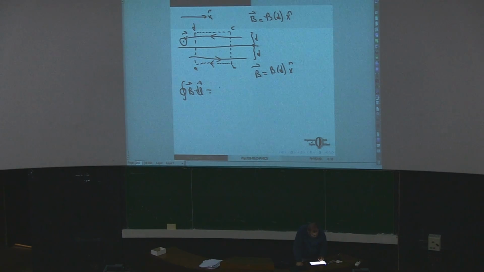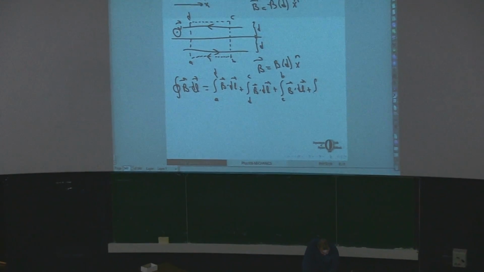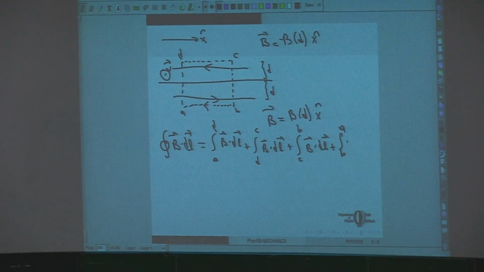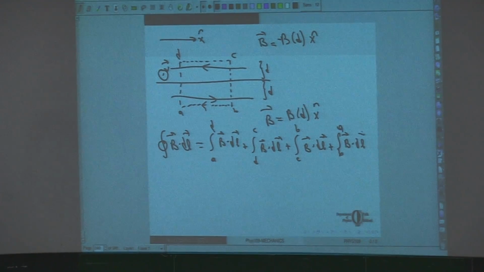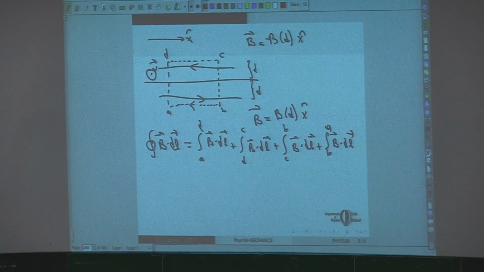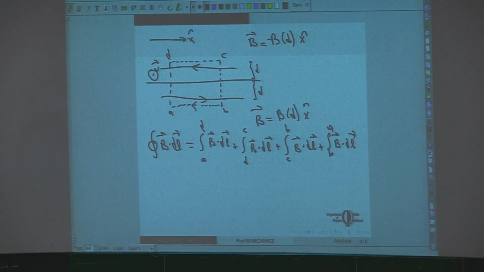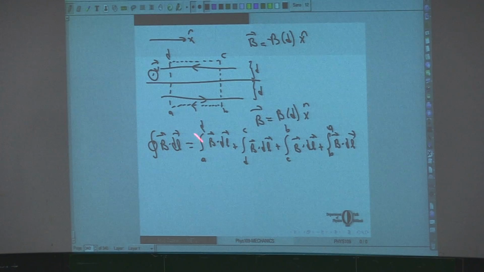This will be the contribution from A to D, plus the contribution from D to C, from C to B, and then from B to A. I just divided my loop into smaller pieces, and my loop integral is nothing but the sum of all of them.